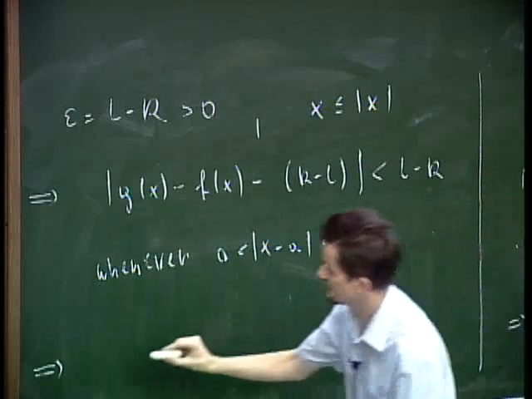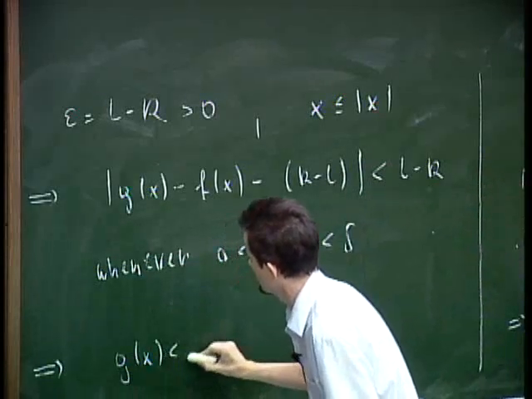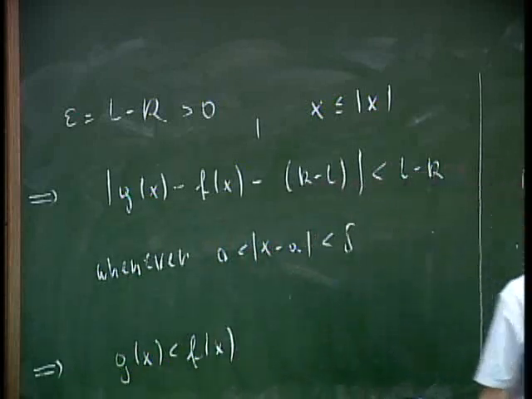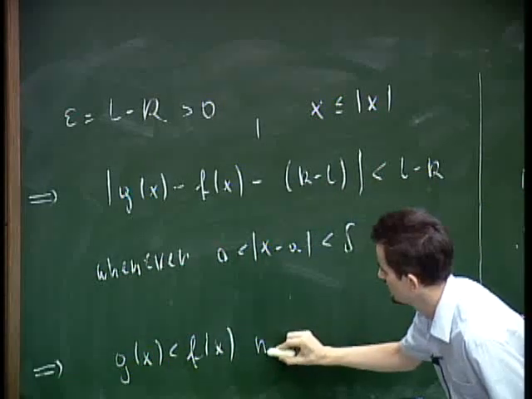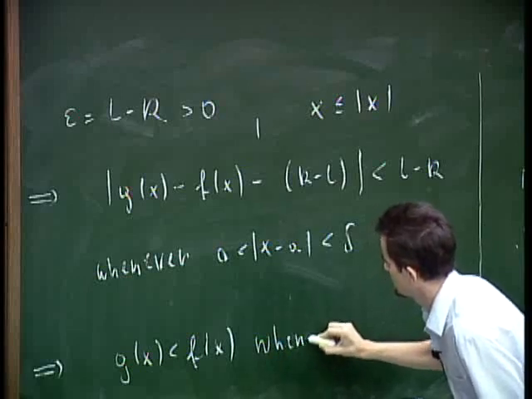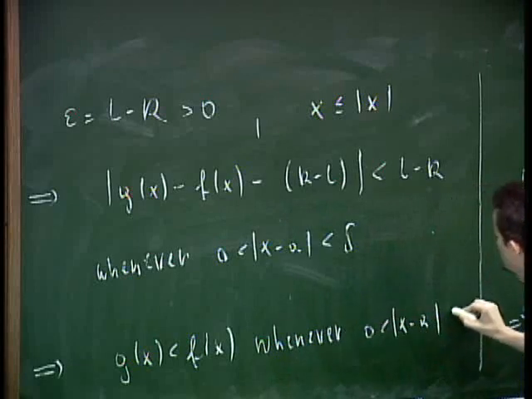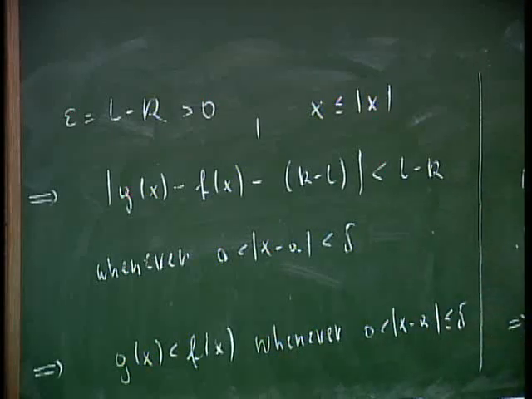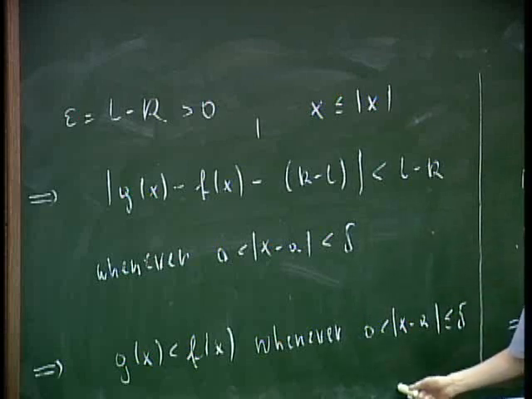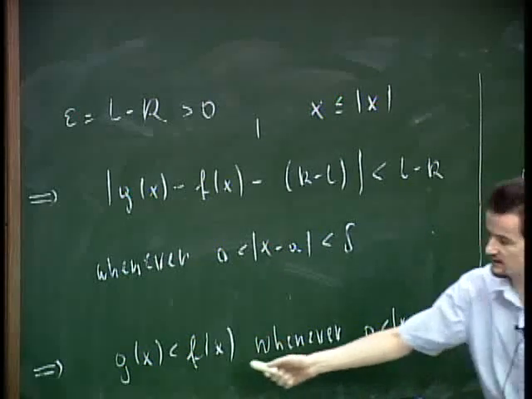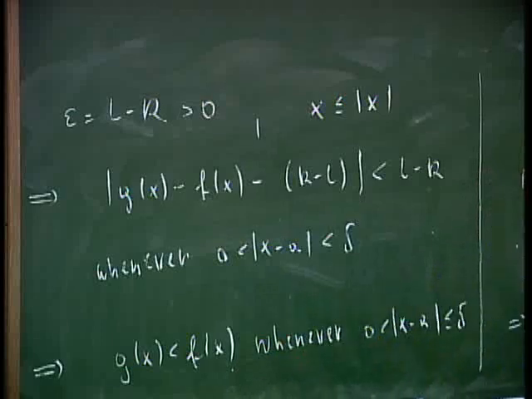So from this you get that g of x is smaller than f of x whenever x minus a is larger than 0 and smaller or equal than delta. But this here is a contradiction, because we have assumed that f of x is smaller or equal than g of x when x is close to a. Okay, so we are finished. So this was wrong here. So L is smaller or equal than R.